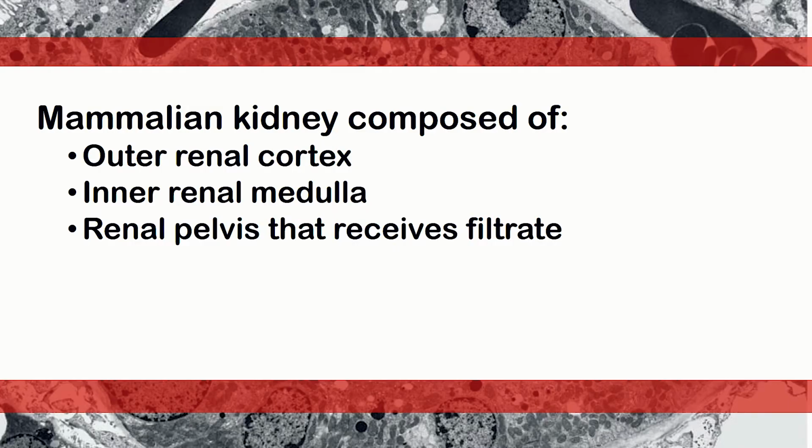In the case of the mammalian kidney, it's composed of three main zones. The first of these, the outermost layer, is referred to as the cortex. You'll be familiar with this term from our discussion of the adrenal gland. The outer layer is called the cortex. The inner layer of the mammalian kidney is referred to as the renal medulla.